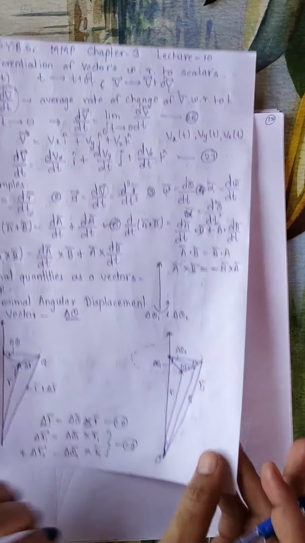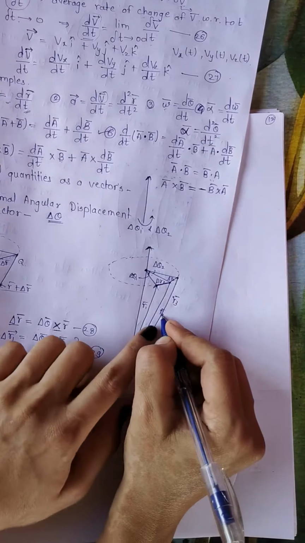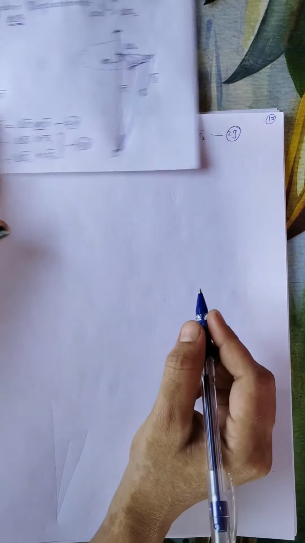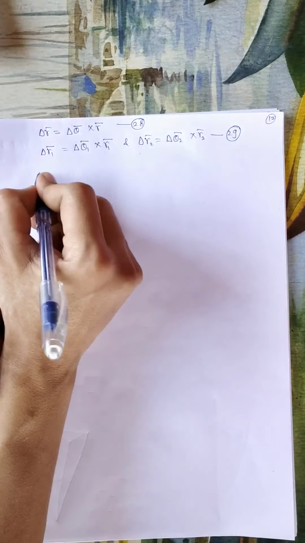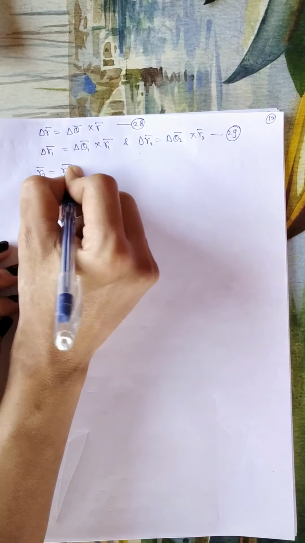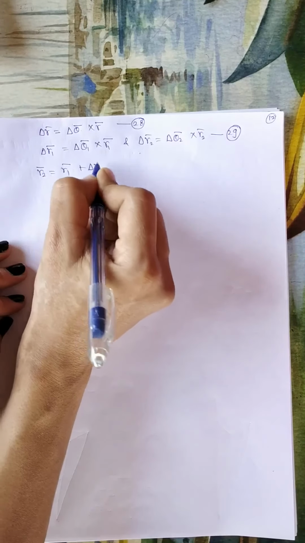Also from this diagram, this vector r2 will be the addition of r1 plus delta r1. Therefore, according to the diagram, vector r2 bar will be r1 bar plus delta r1 bar.